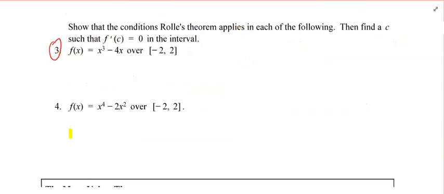Let us look at another problem. Show that the conditions of Rolle's theorem apply in each of the following. Then find a c such that f prime of c is equal to 0 in the interval. f of x is equal to x to the third power minus 4x over the interval -2, 2.